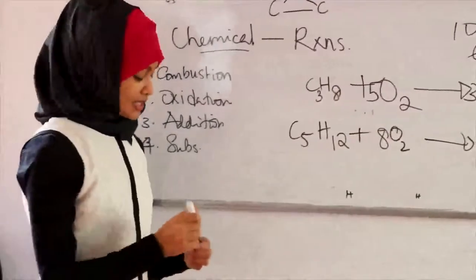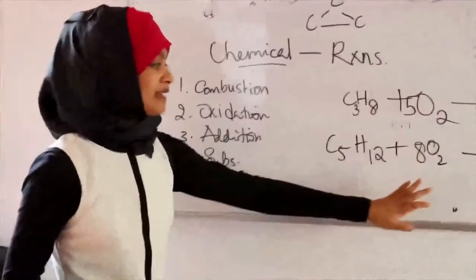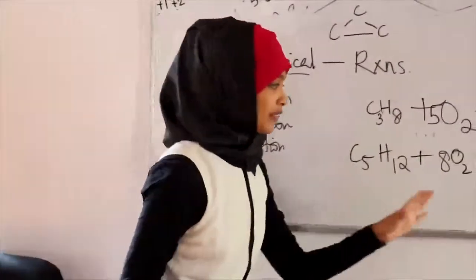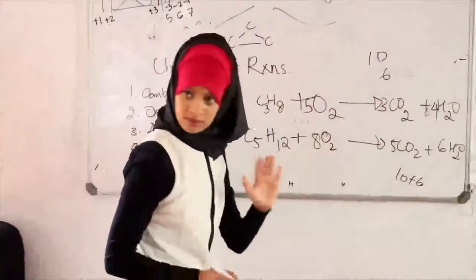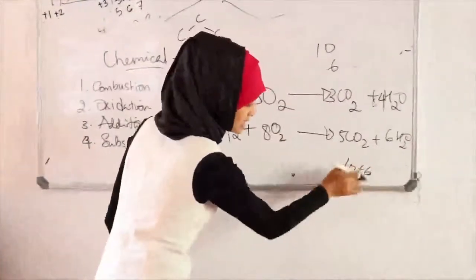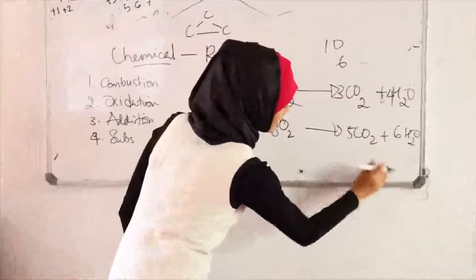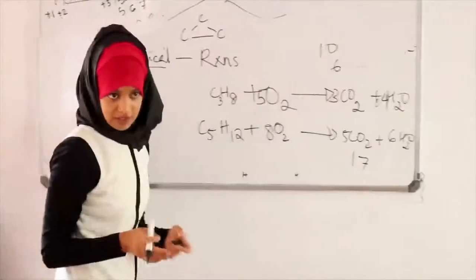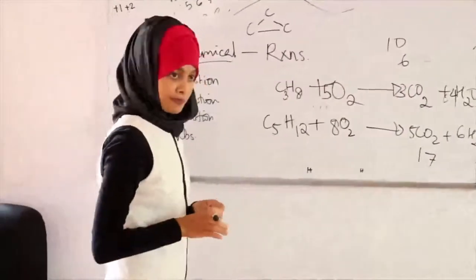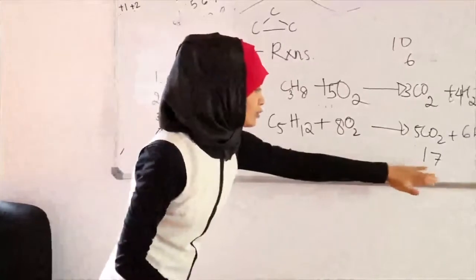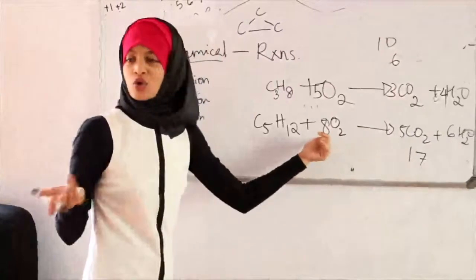Okay? So now say for instance if you're ever getting a number that's odd. Say when you added the oxygens, instead of 16 you're having 17 or 15 or whatever. What are you supposed to do? You need to write half of this number.